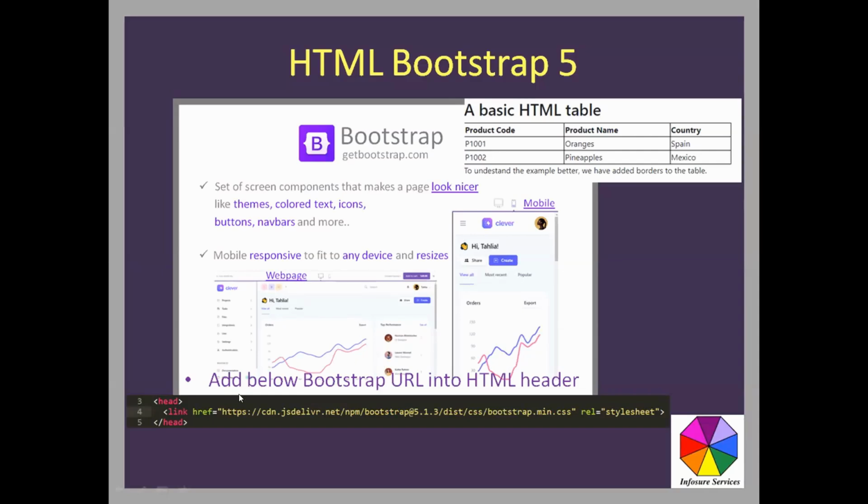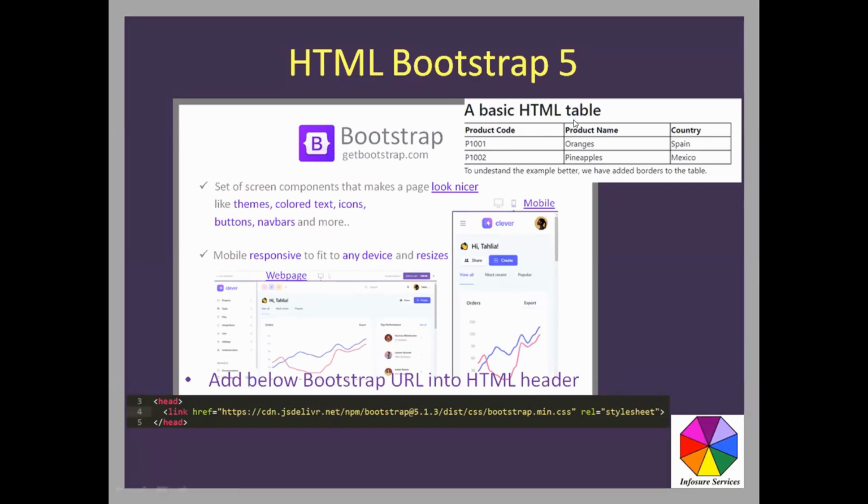And what we are doing is adding the Bootstrap link to the previous HTML, the same basic table which showed the products oranges, pineapple, Spain, and Mexico. The look and feel changes and is slightly better.